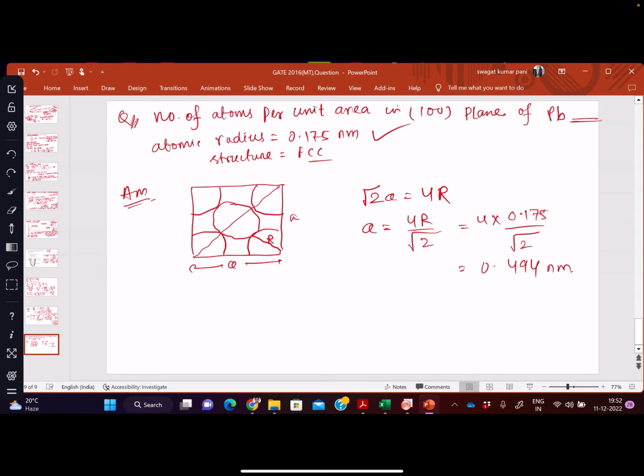And what is the number of total atoms here in this surface? 2, sir. Because one completely is here, and this is 1 by 4, 1 by 4, 1 by 4, and 1 by 4. So just divide 2 by 0.494 square, because the area is A square. This is our A. So I will get around 8 answer.